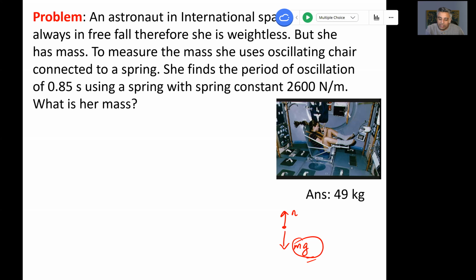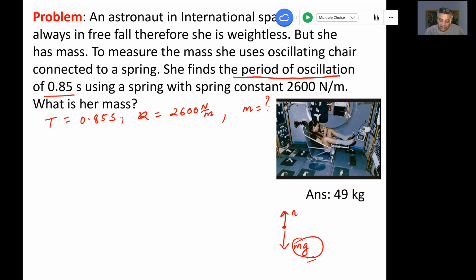While doing that, you find the period of oscillation, how long it takes to go one complete oscillation. So T is 0.85 seconds, it says. And the spring constant is 2600 newtons per meter. So what is the mass?